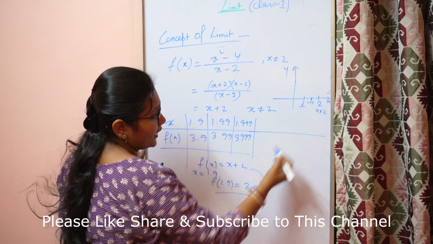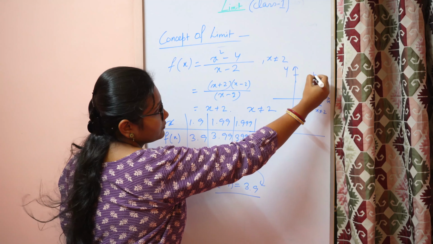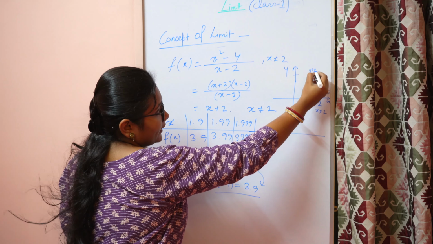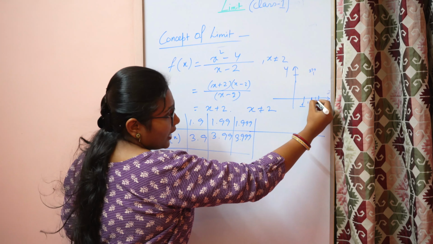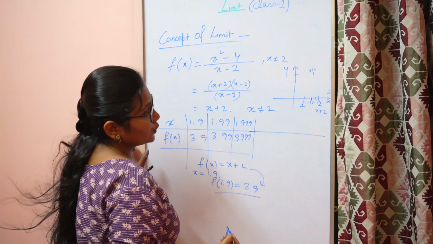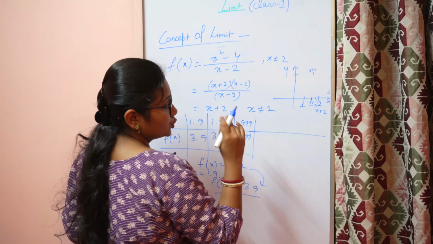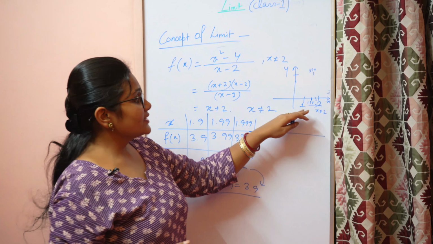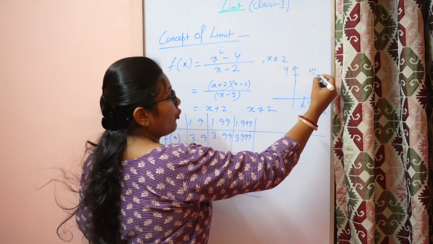First I am taking 1.9, and for that on the y axis I have got 3.9. When I am taking a value closer to 2, which approaches 2, I am getting a value which is nearest to 4.